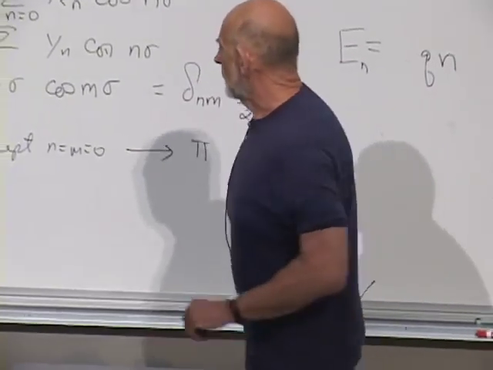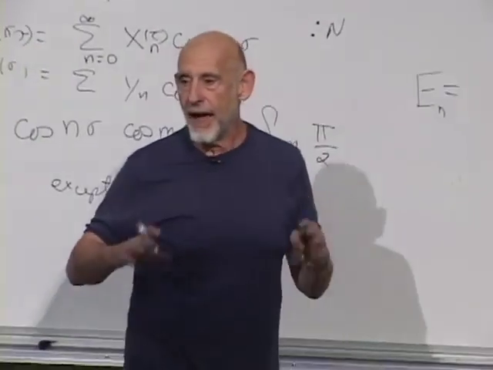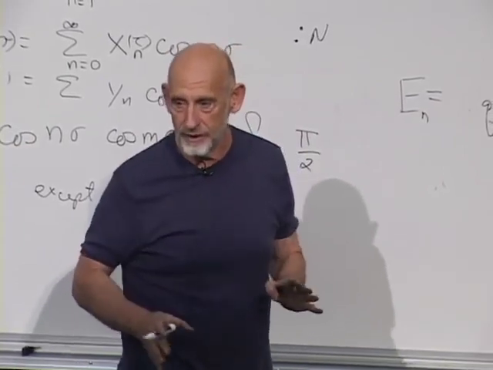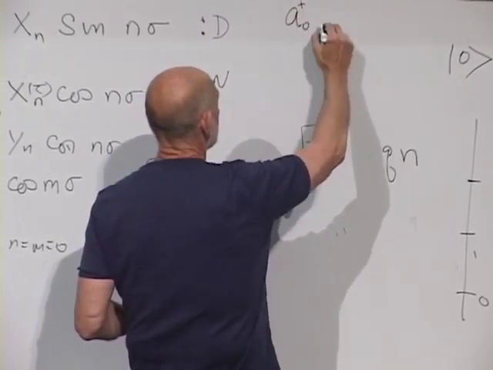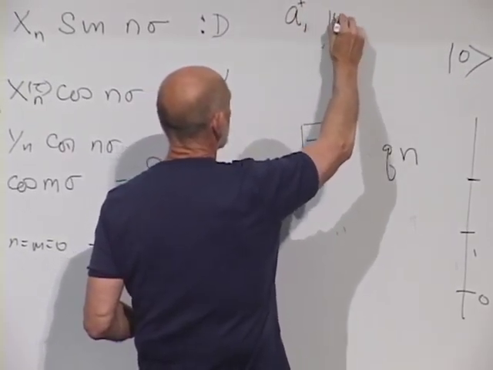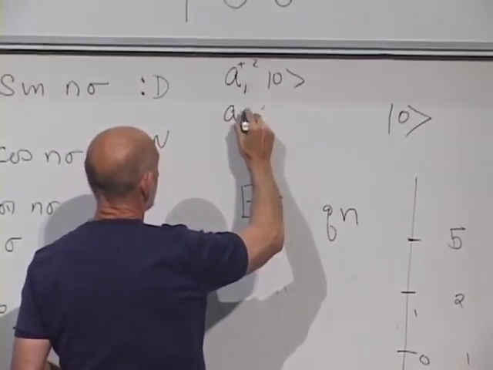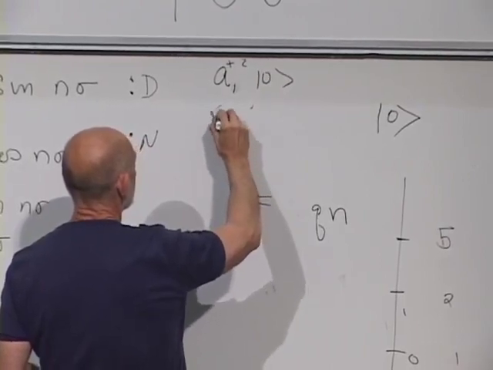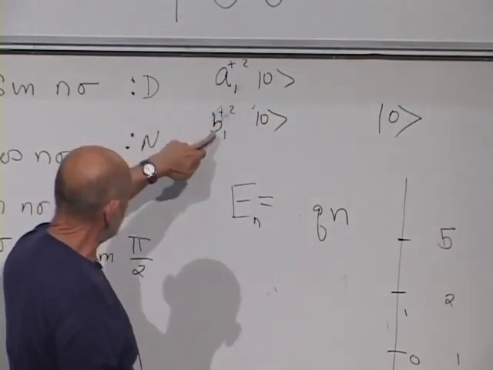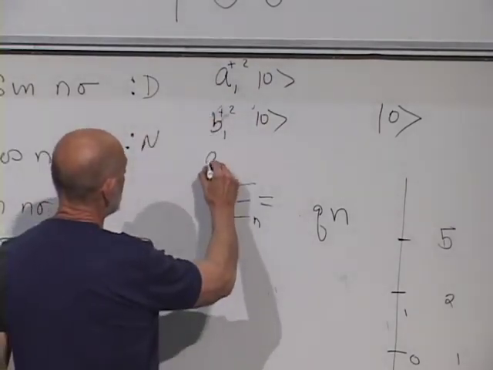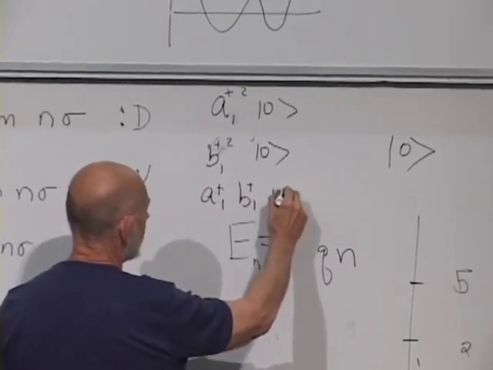Okay, so let's count. Let's see. We can take, in terms of creation and annihilation operators, A for X, B for Y. We can take the lowest oscillator, A1 plus squared, B1 plus squared on O. This is exciting the X oscillator twice, the Y oscillator twice, A1 plus, B1 plus on O, that's 3.